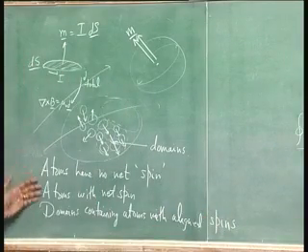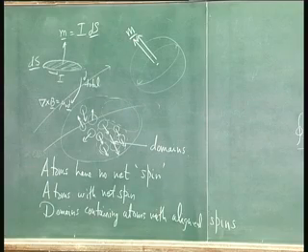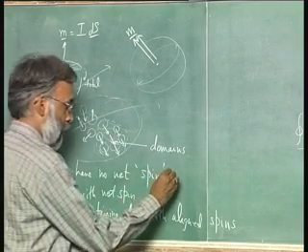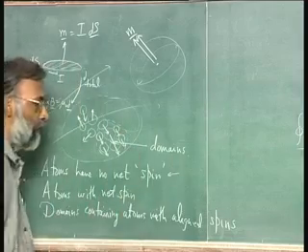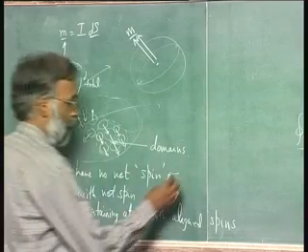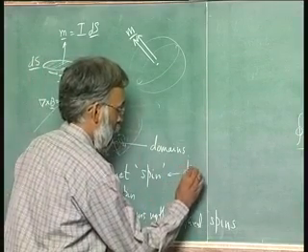So, there are three cases. This case where there is no net spin to begin with is what is called a diamagnetic material.